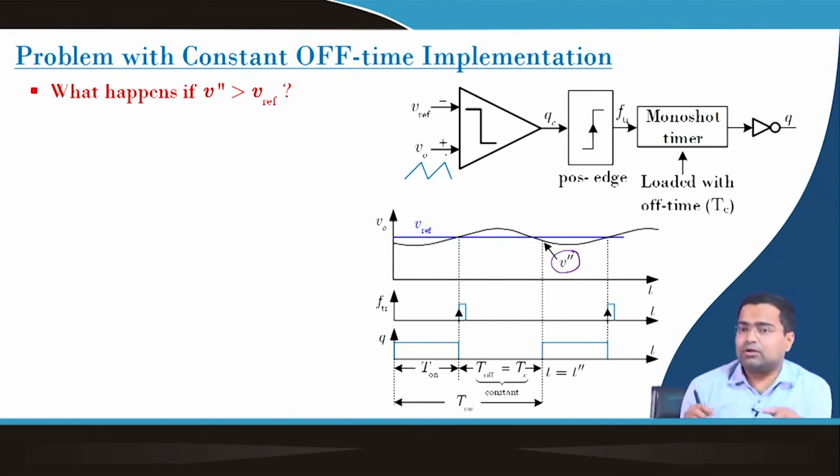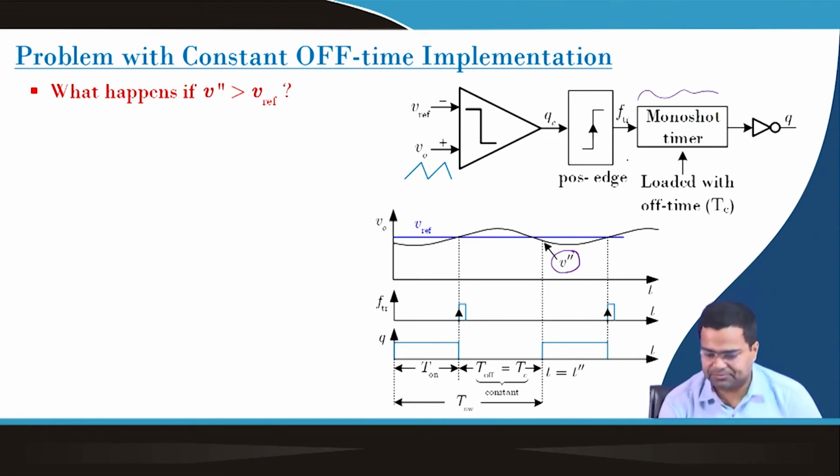After the off time, when the monoshot timer completes its counting, the main switch is off during that time. After it completes counting, the main switch is turned on, and after some time the voltage should build up. But when the output voltage goes above the reference voltage, the comparator becomes high and detects the positive edge, and then again it activates the monoshot timer.